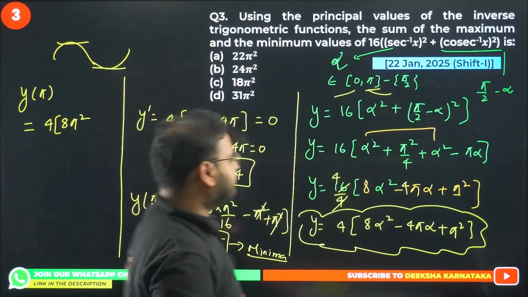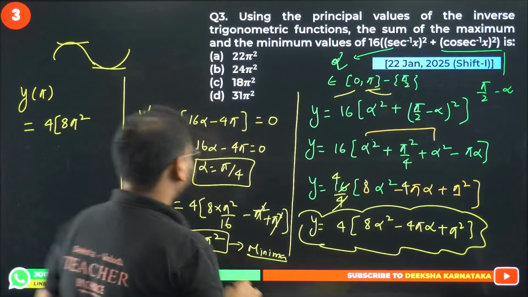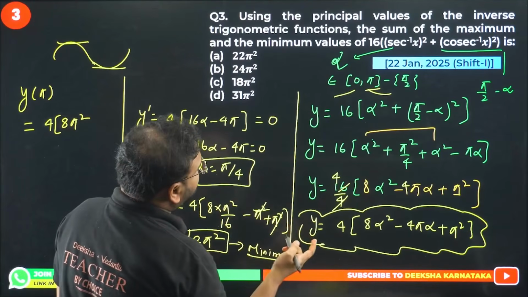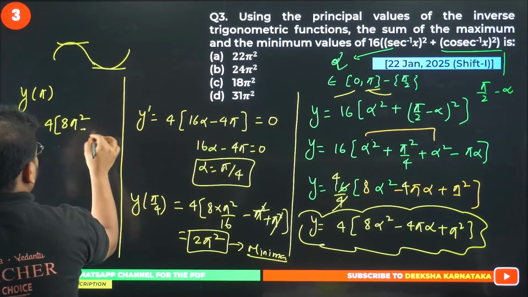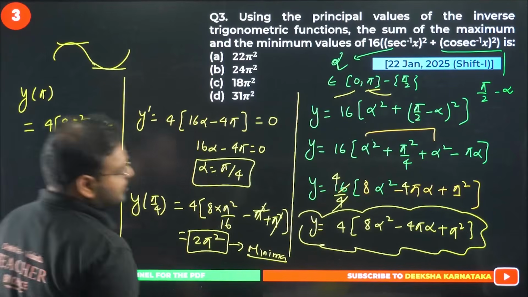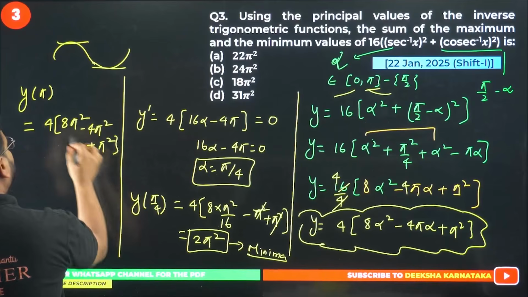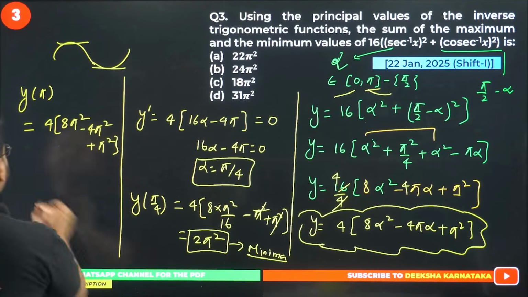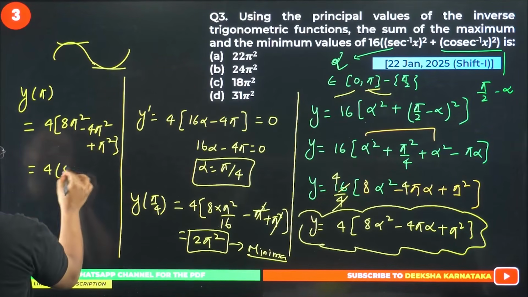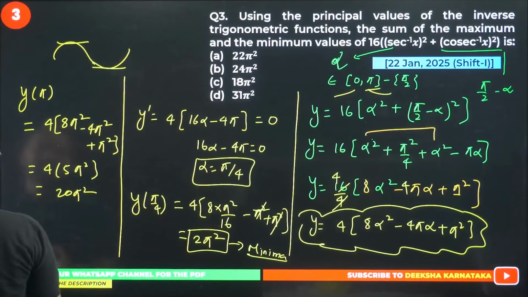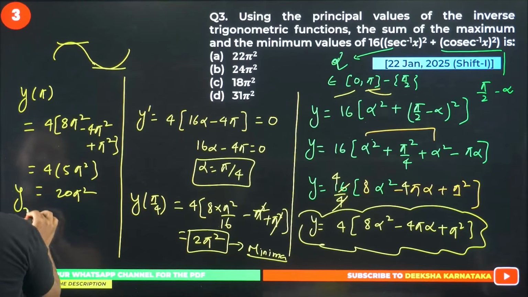And over here I have 5 into 4, so 20 minus 4 pi square, and the last one will become again plus pi square. So I have over here 8 plus 1 is 9, minus 4 is 5. So I get 4 into 5 pi square, that is 20 pi square. So this is my y value, simply maxima.